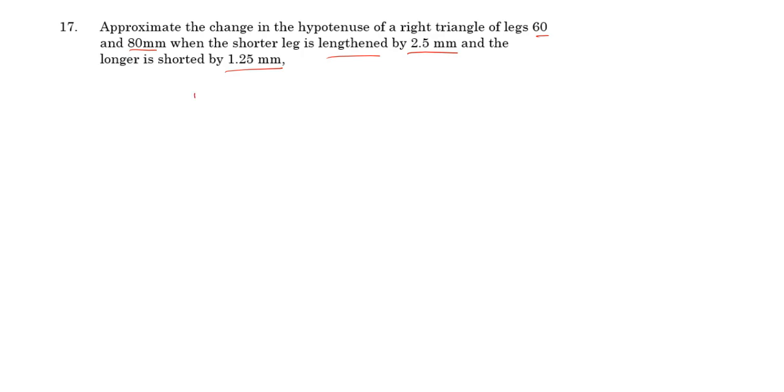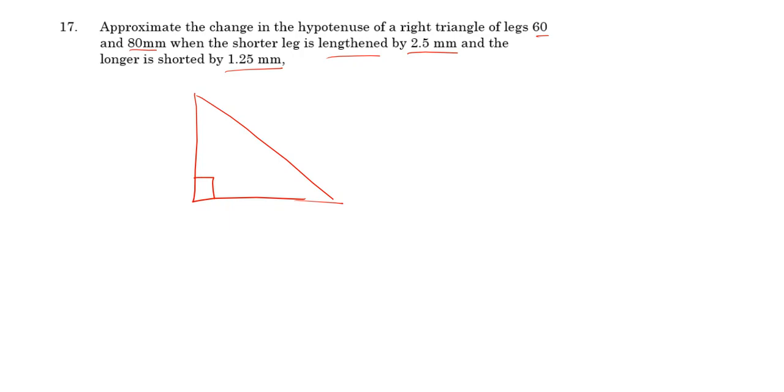So first of all, to just get a picture, they've said this is a right angle triangle. So if I say this is my right angle triangle like this, they're saying the legs are 60 and 80.